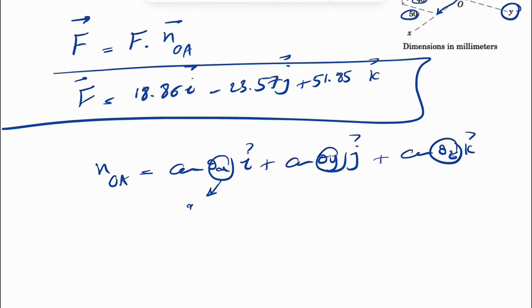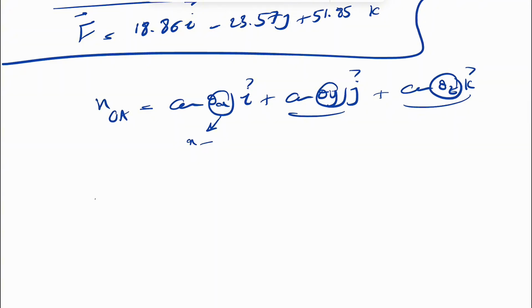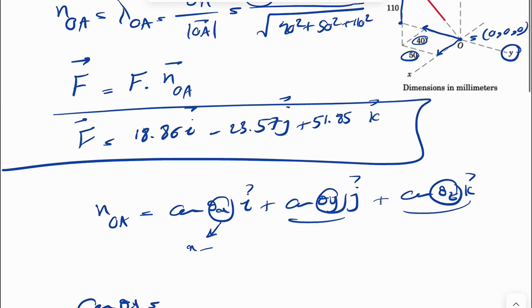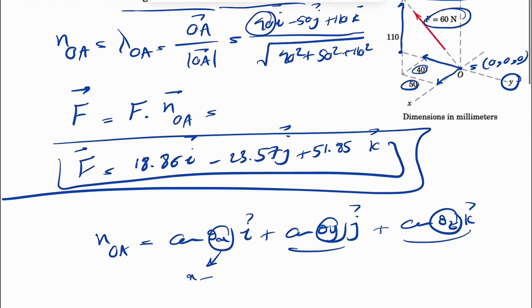For example, the first is with the x-axis, as the name says, the second with y, and the last is the angle between the force and the z-axis. Because the question is asking for the angle with the y-axis, we know that cosine theta y would be the y component of the unit vector. Keep in mind that this is our F, and the unit vector is that component divided by 60, because F was 60 times n_OA.